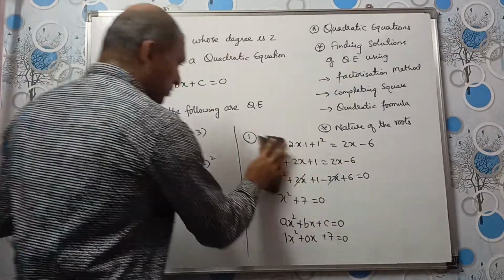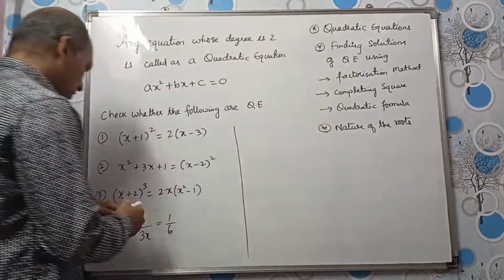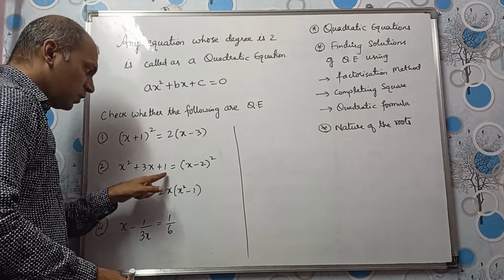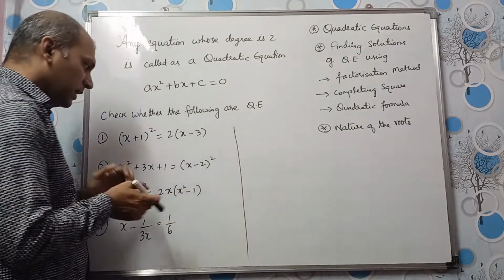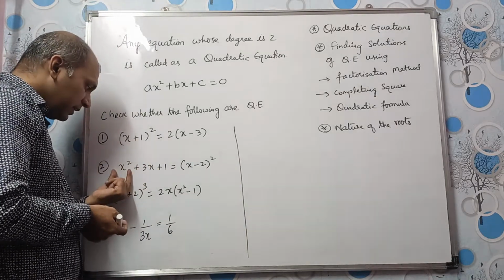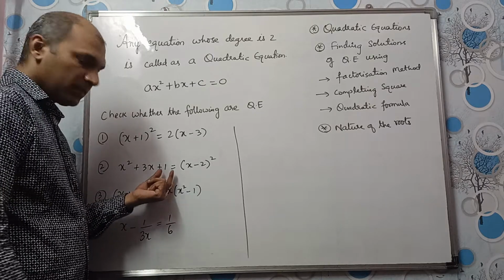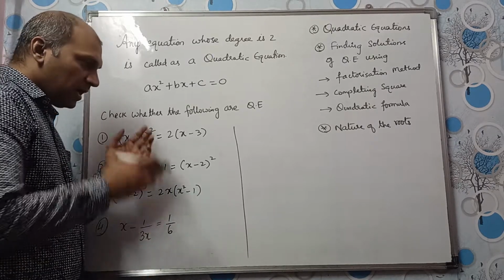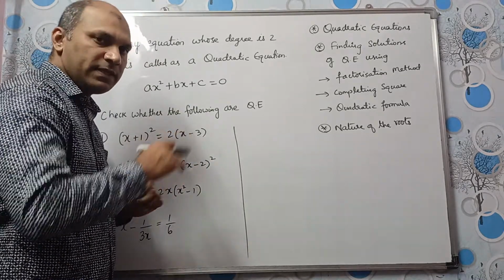Let us do the second problem. x square plus 3x plus 1 equal to x minus 2 whole square. Now, some students will think that this is of the form ax square plus bx plus c. But my advice is, solve the problem first and then decide.